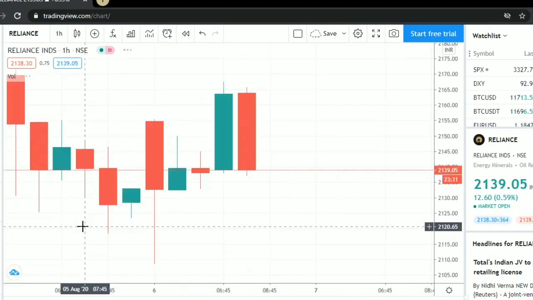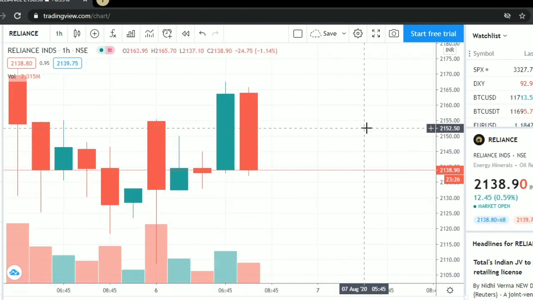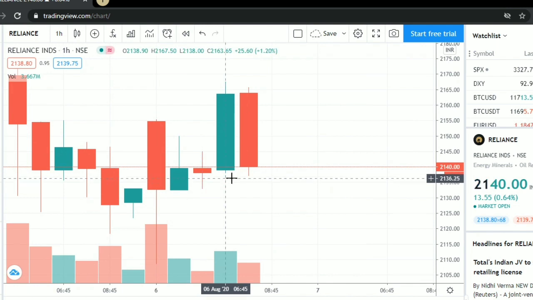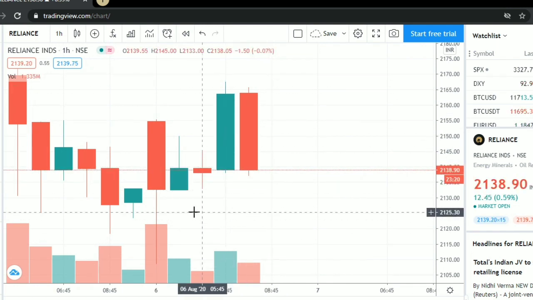So basically what we must know before getting into all of this is that in the charts, each and every candle will be green or red depending upon the opening and close price in that time frame. I'm just selecting hourly time frame. So in that 1 hour the opening price is shown below and the closing price is shown above, and so this candle is in green.